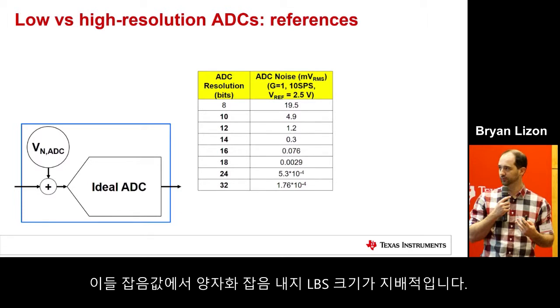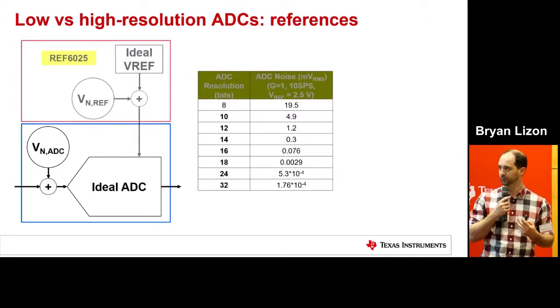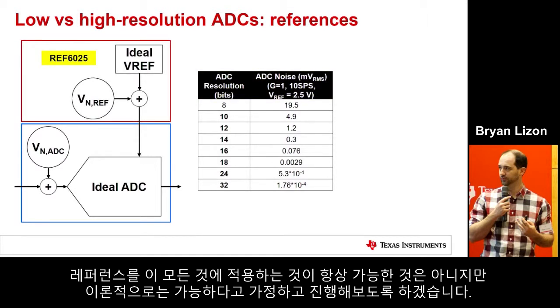That's what dominates this noise value. At the higher resolution ADCs, it starts to get into the thermal noise. These are actually taken from specific ADC datasheets. If you're able to apply a reference to all of these, it's not always the case, but theoretically we're going to assume that that's possible.